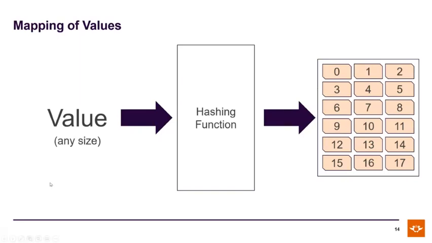This value of any size gets converted and then gets hashed into a set size. When I say a set size, I'm referring to the fact that the output will be of a fixed data nature. In this case, it's fixed to a 4-byte integer, limited to 0 to 17.